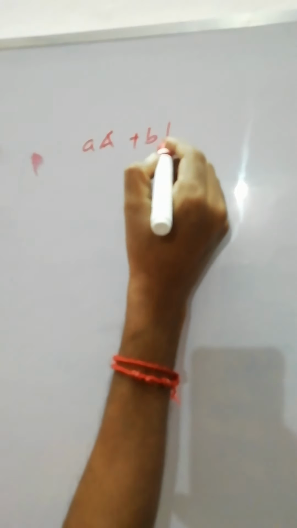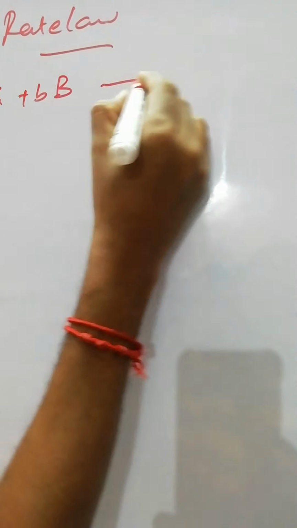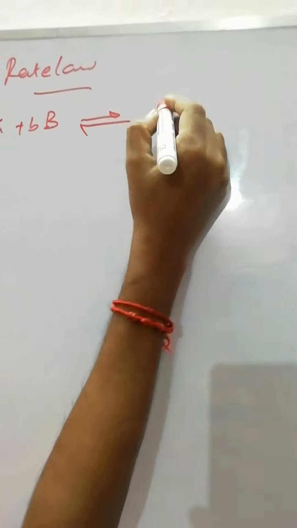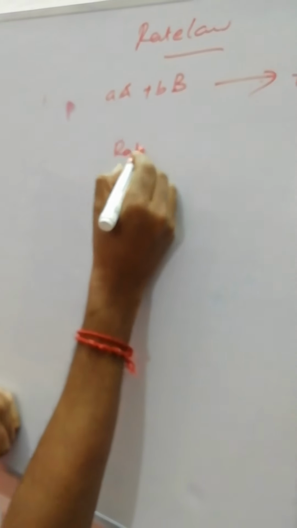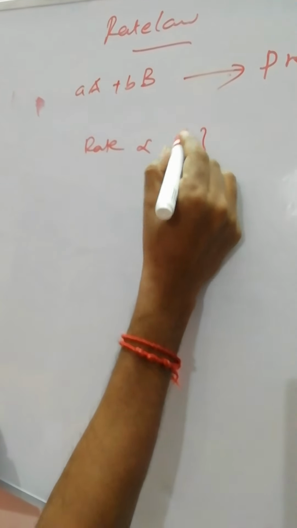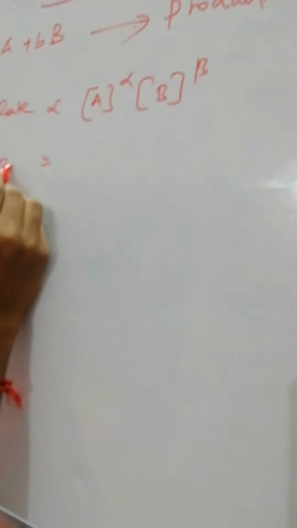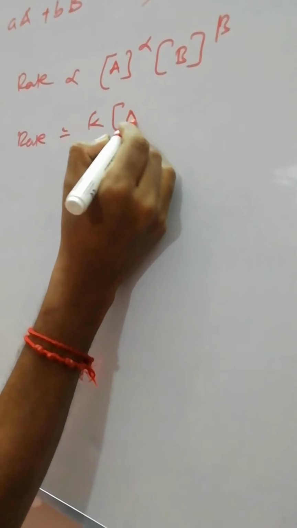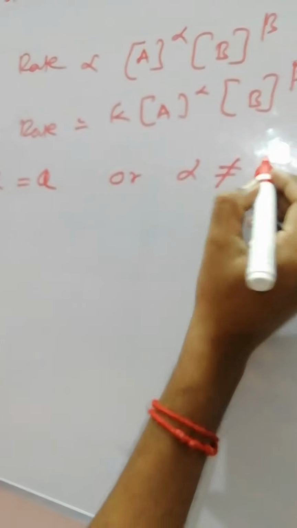Now I am telling about rate law. For aA plus bB giving product, rate is directly proportional to [A]^alpha [B]^beta, so rate equals K into [A]^alpha [B]^beta. Alpha may be equal to a, or alpha may not be equal to a.